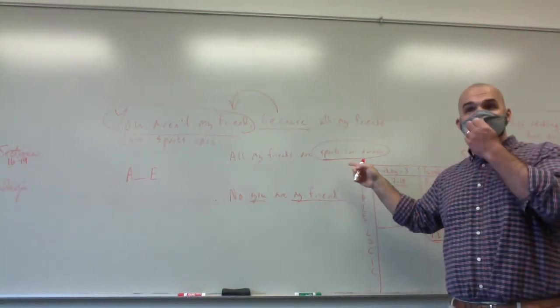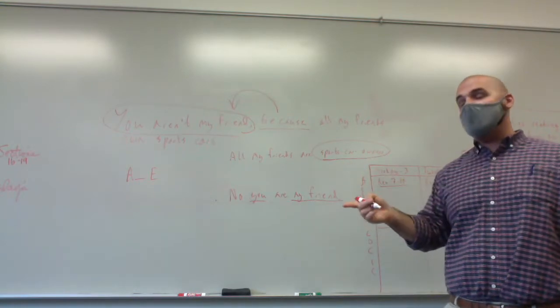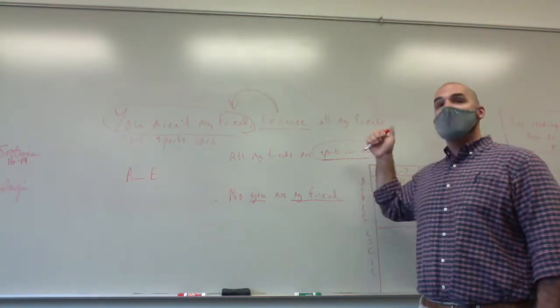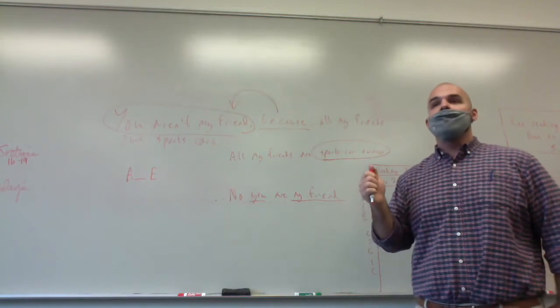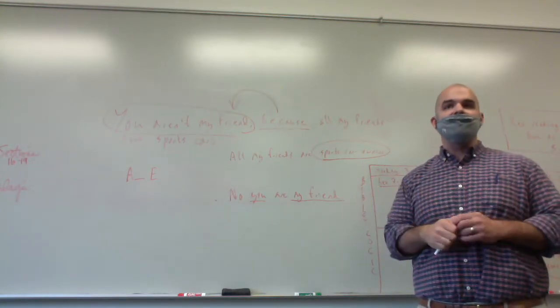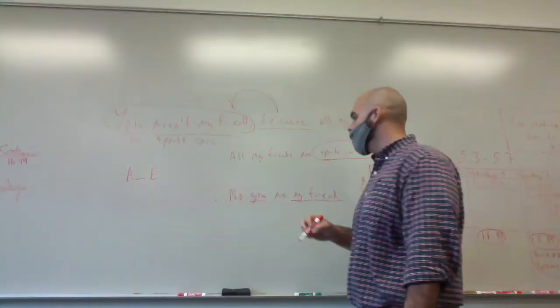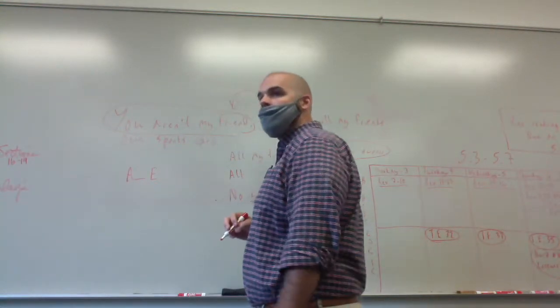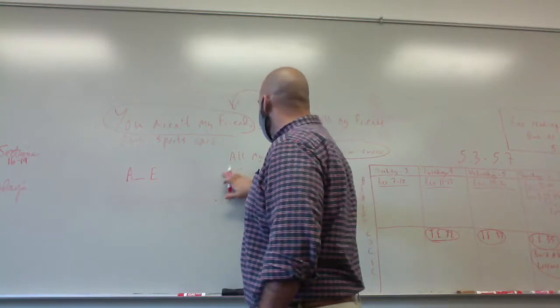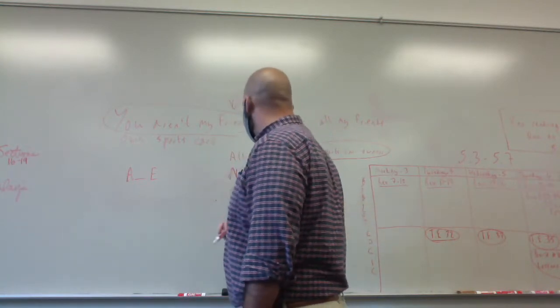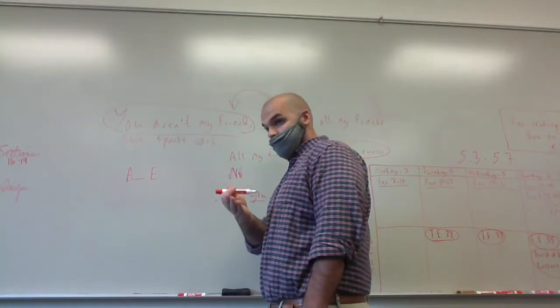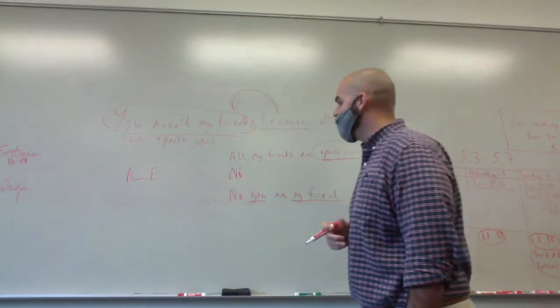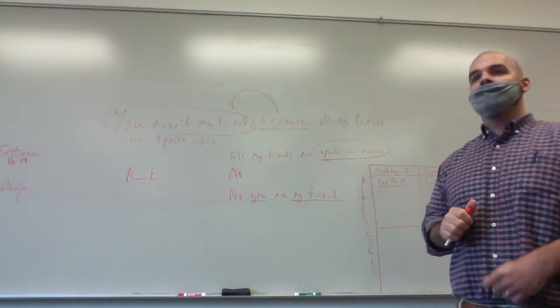It's undistributed, which means whatever statement we choose, sports car owners has to be distributed. Well, what does that mean the minor premise is going to be, Bean? You're right. The minor premise is going to be E. So what does this need to be? It needs to be no.